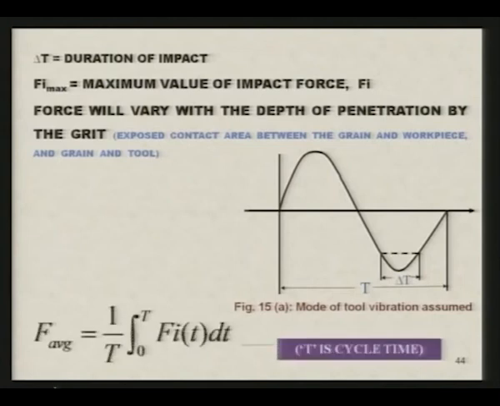This average force in this particular situation can be evaluated with the help of this equation: F average is equal to 1 upon T times the integral from 0 to T of Fi(t) dt, where T is the cycle time.